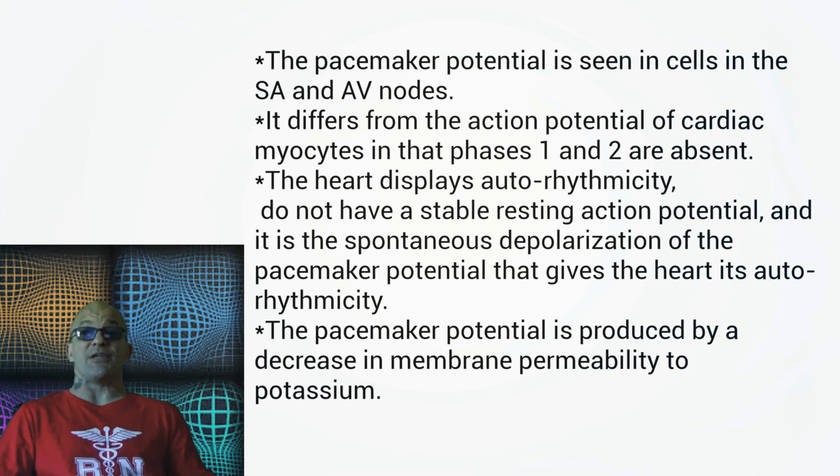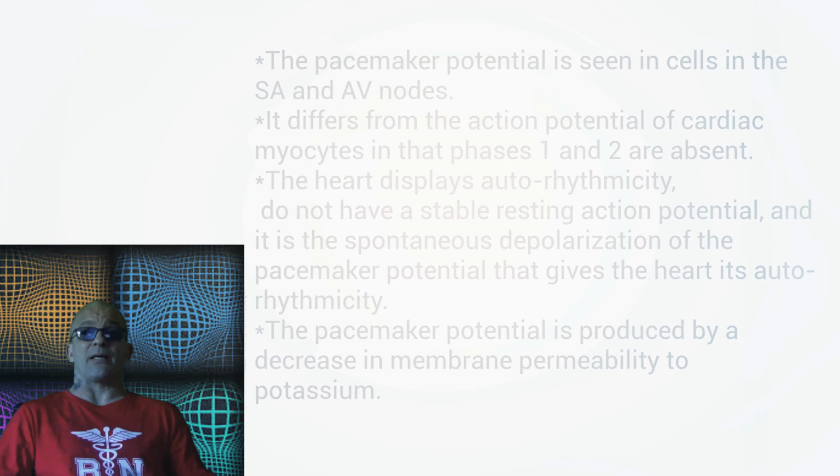For example, a denervated heart, such as the heart of a cardiac transplant patient, continues to contract spontaneously. As mentioned before, pacemaker cells do not have a stable resting potential, and it is the spontaneous depolarization of the pacemaker potential that gives the heart its autorhythmicity.